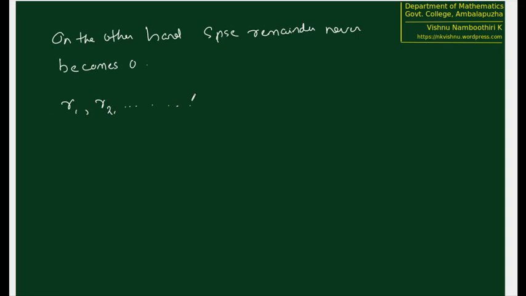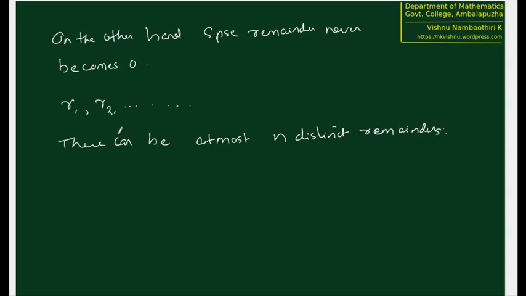Now how many remainders are there? Possibly there can be at most n distinct remainders, because all these remainders are obtained by dividing a number by n, therefore at most n distinct remainders are possible there.